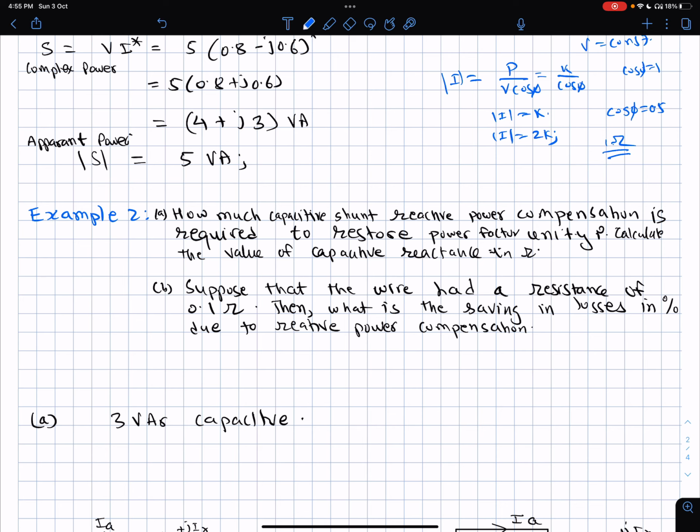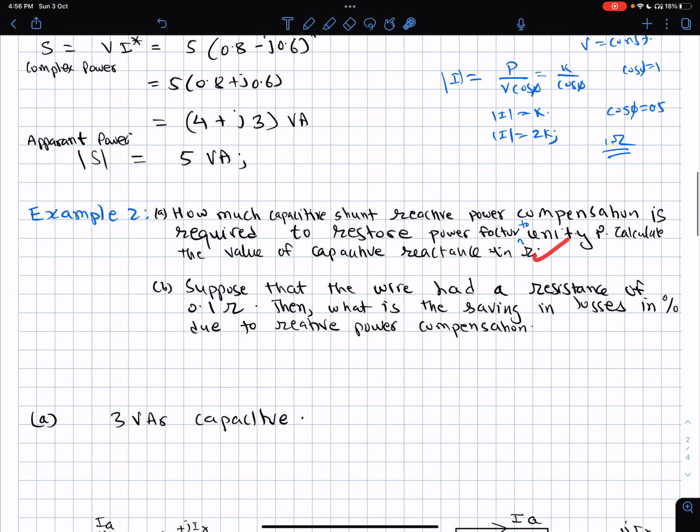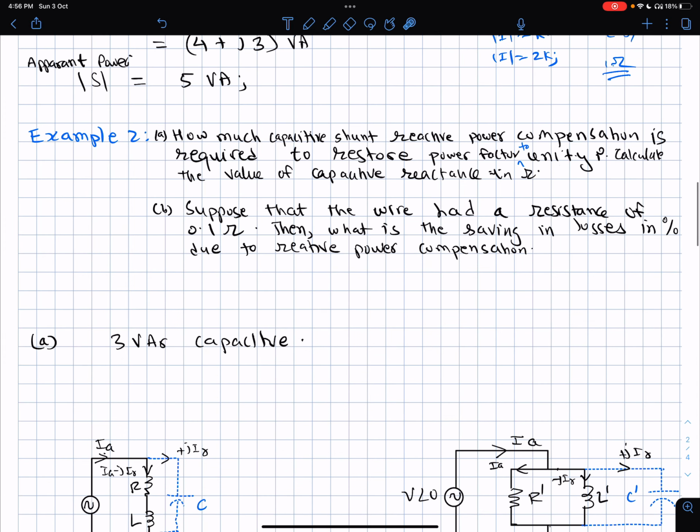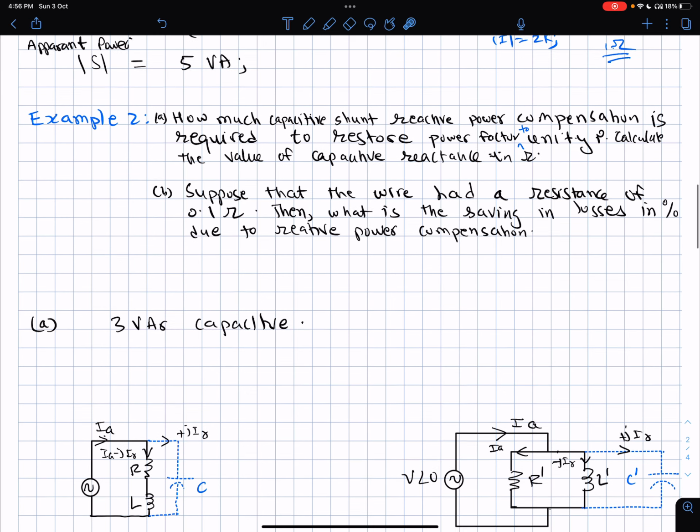To restore power factor to a unity value, calculate the value of the capacitive reactance in ohms. Okay, that's part A. Now suppose that the wire had a resistance of 0.1 ohms. Then what is the saving in the losses in percentage due to reactive power compensation?